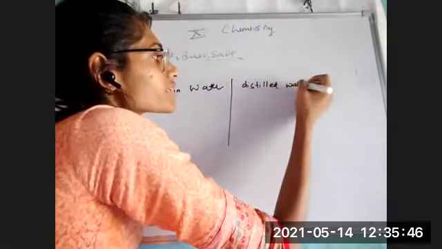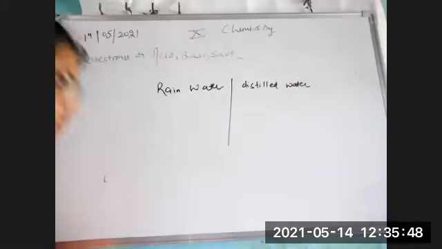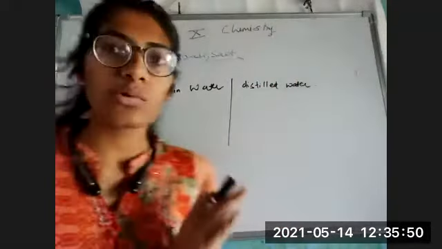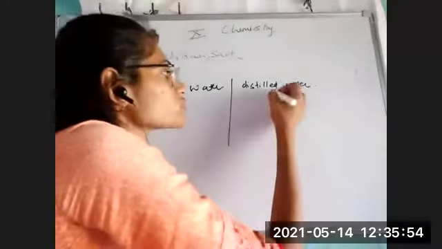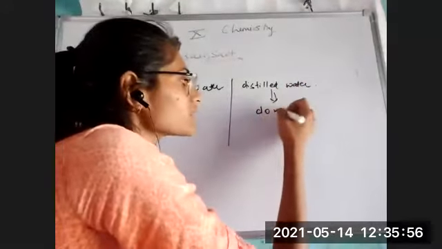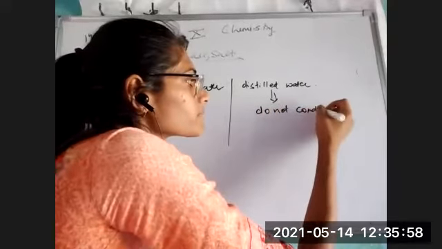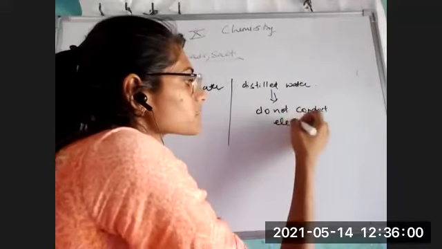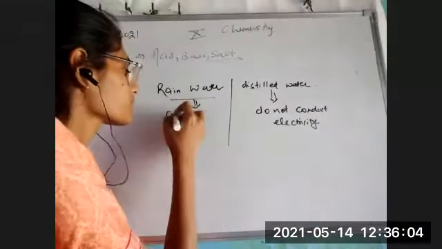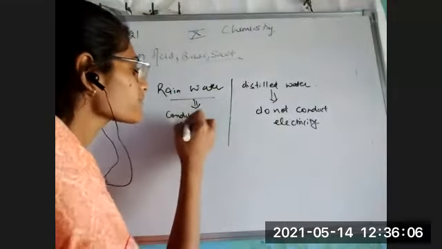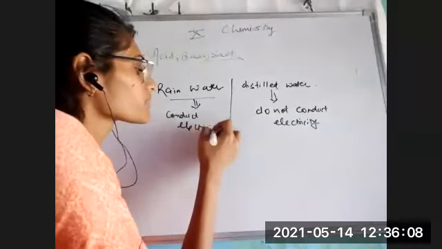Now the question is, we have put both waters in two different beakers. The distilled water does not conduct electricity, but the rainwater does conduct electricity. So how can we differentiate the two?